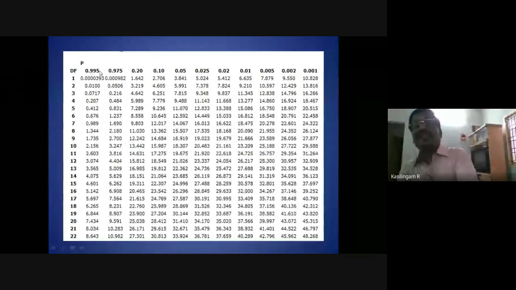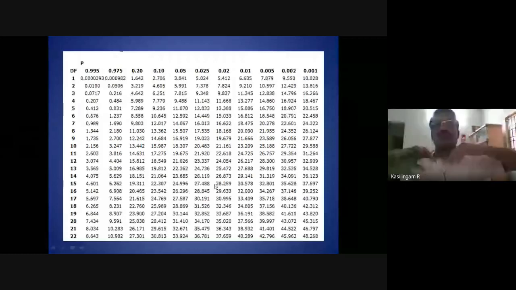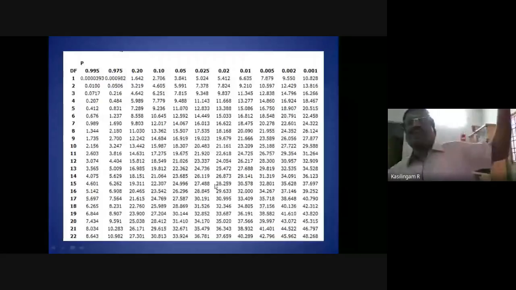Can you see it decreasing? When the calculated value increases, the significance value will decrease. It will become less than 0.05 and go on decreasing.